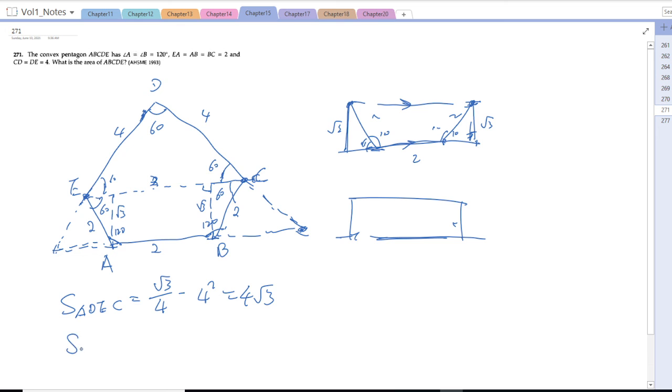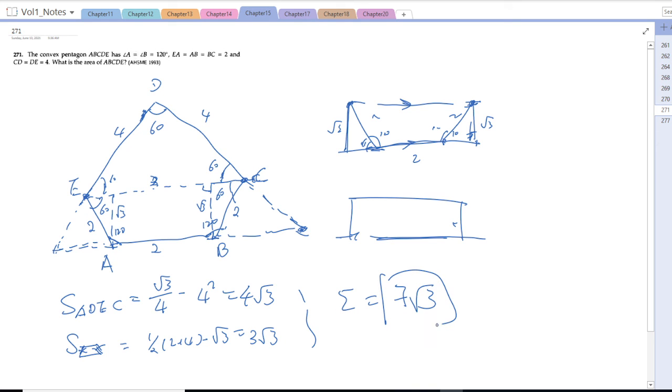Then the area of the isosceles trapezoid will be half of 2 plus 4 times the height, which is root 3, so it's 3 root 3. The two together is 7 root 3.